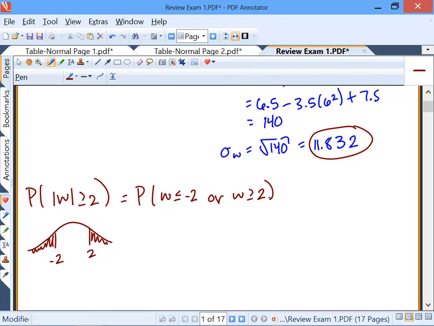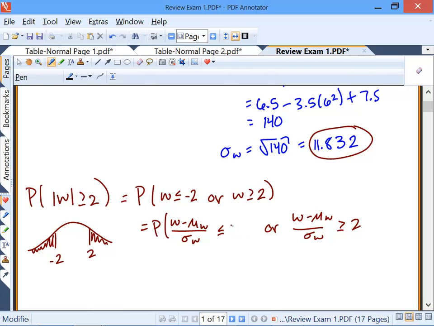Before I can do this, I need to standardize. So it's going to be W minus the mean of W over the standard deviation of W is less than or equal to negative 2, or W minus the mean of W over the standard deviation of W is greater than or equal to, oh, what did I miss?